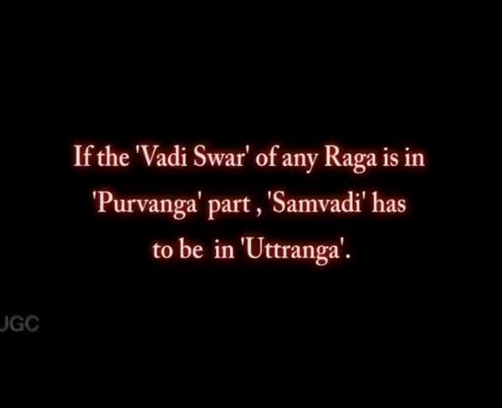Sa Re Ga Ma is Purvang, the first or lower tetrachord, and Pa Dha Ni Sa is the second or upper tetrachord. If the Vadi Swar of any rag is in the Purvang part, Samvadi has to be in Uttarang. Samvadi Swar always falls in the other tetrachord from the one which has Vadi Swar.